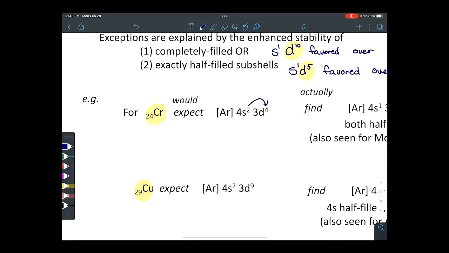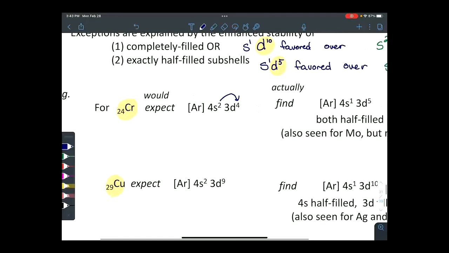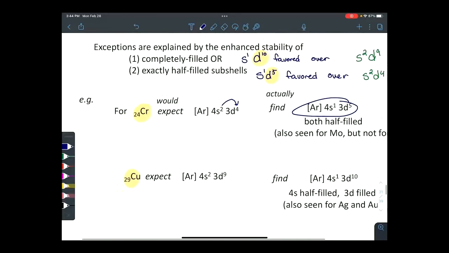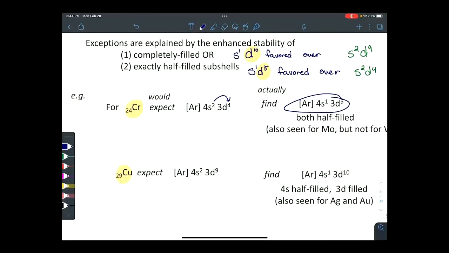So we just take one of the s electrons and drop it into the D, so it's half filled. What you actually find for chromium is exactly what we said, a half-filled D shell and a half-filled S shell. And so that's nice and stable. Chromium does it, and you also see it for molybdenum, but not tungsten. Why would you think molybdenum does it?